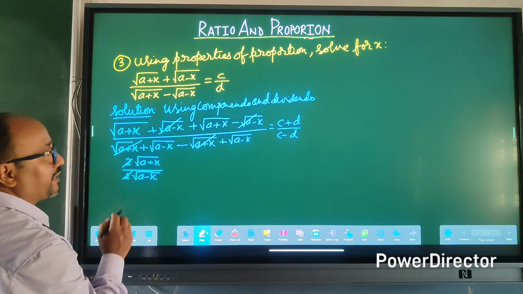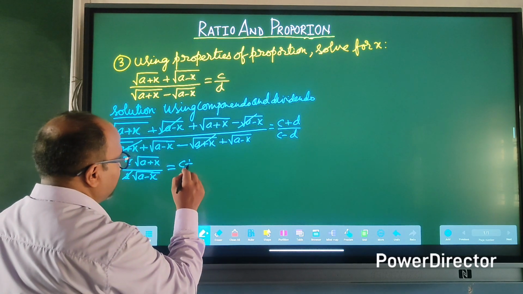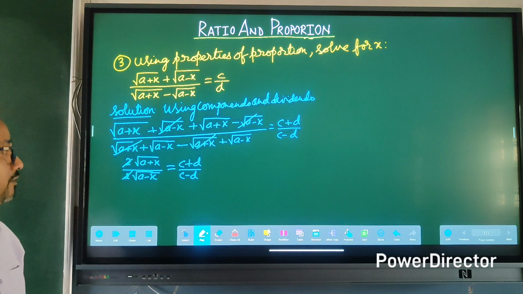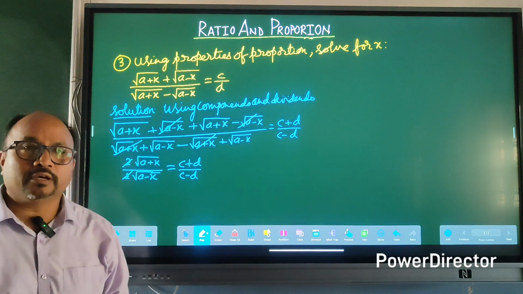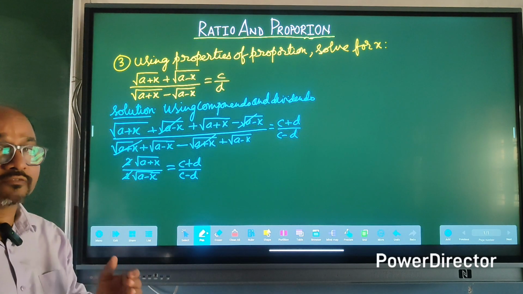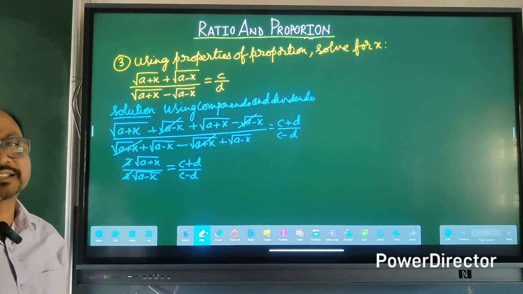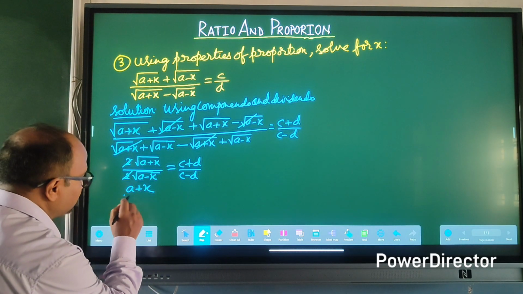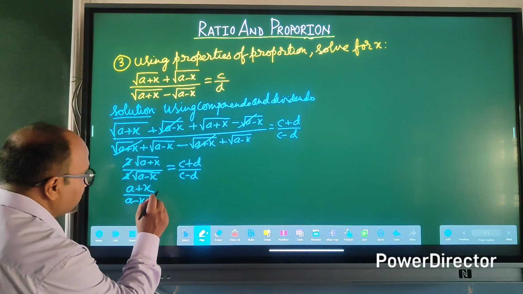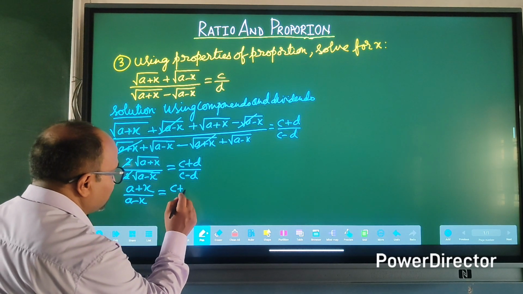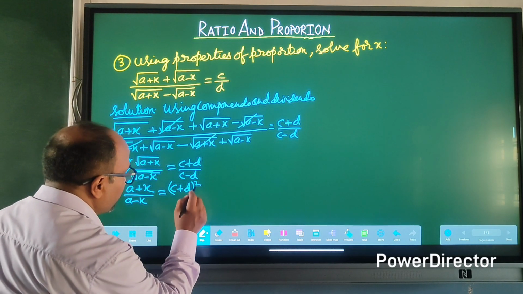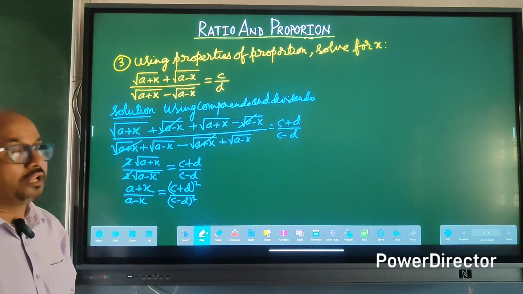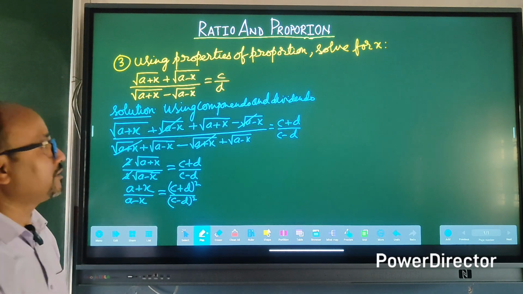So this 2 will get cancelled, and from the other side it is c plus d by c minus d. Now we are getting root over here, so to get rid of this root, if this root is taken to that side, it will become the square of this. So I will get a plus x by a minus x equals c plus d whole square by c minus d whole square. Now I need to expand this.